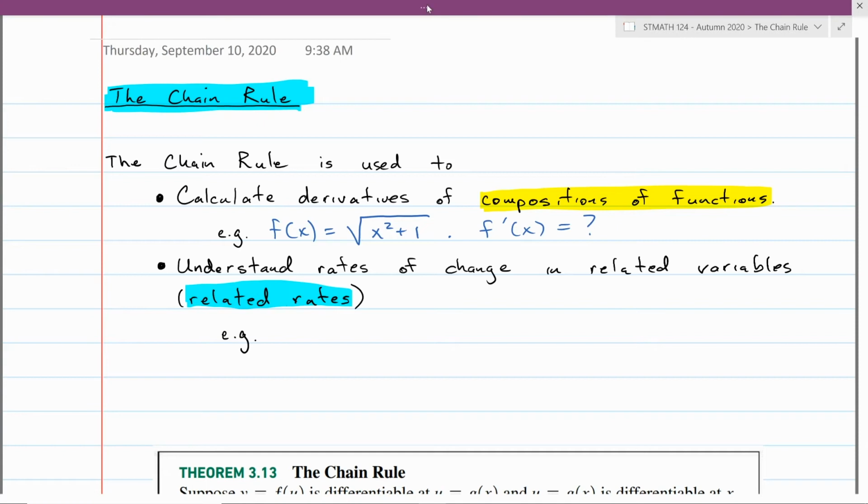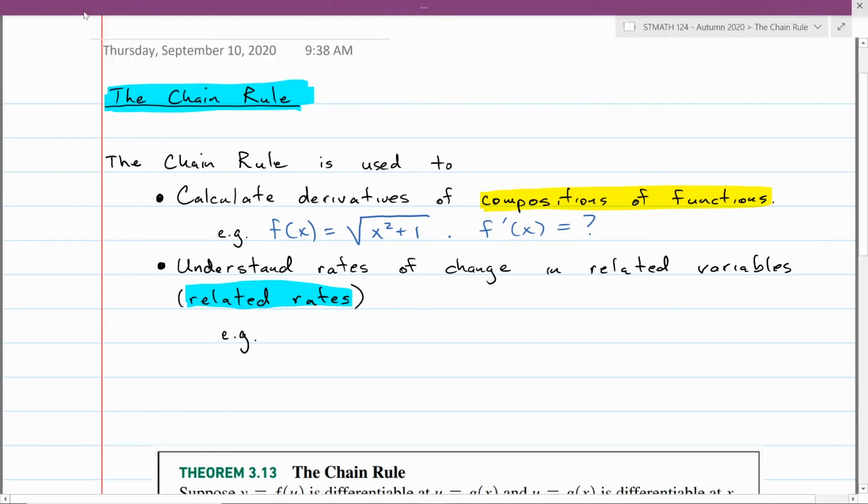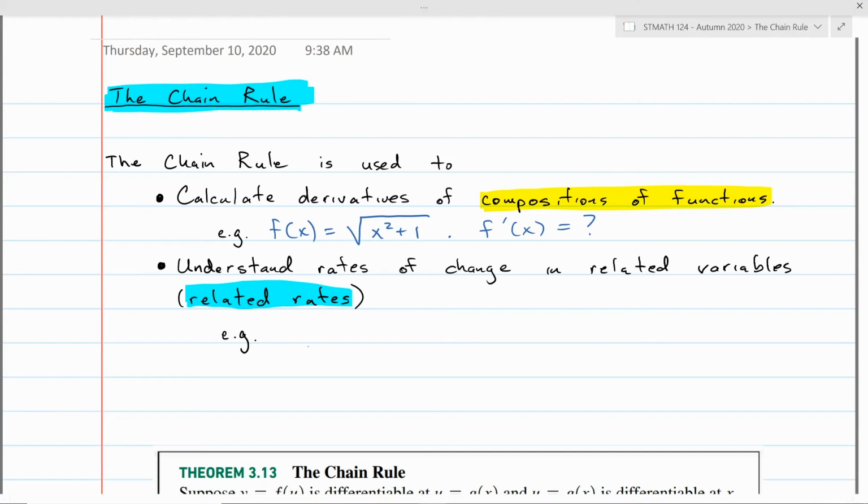Like just a quick little example, let's say you have a temperature function T, and temperature is a function of height y. So T is temperature, and then y is height. As you know, when an object goes higher and higher, it gets cooler and cooler as you go up.